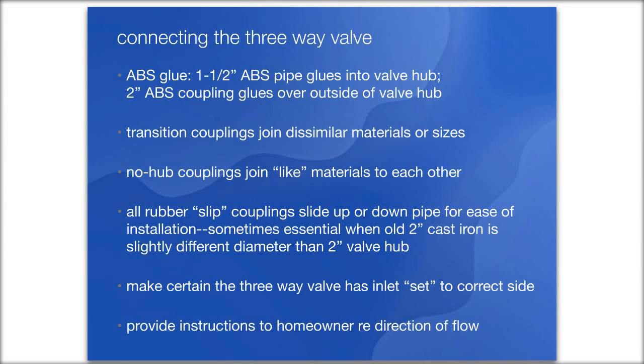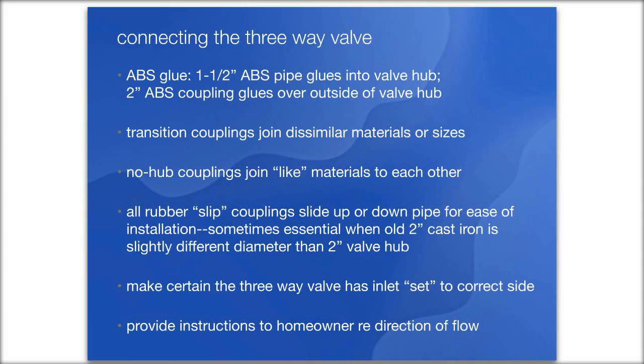If you're working with some other kind of pipe than plastic, you would use a transition coupling. Those join dissimilar materials or sizes, and we'll talk more about that in a minute. If you're going from your plastic three-way valve to ABS, sometimes it's nice to have the option of being able to turn the valve or to spin it just a little bit.